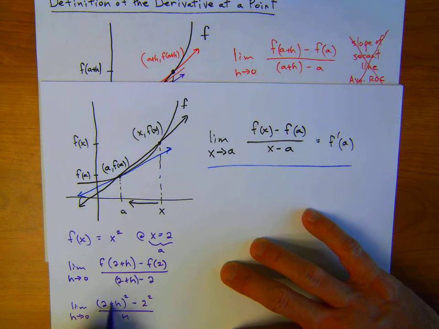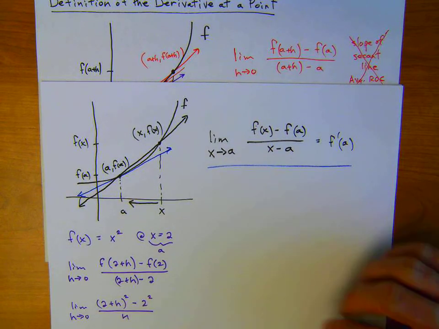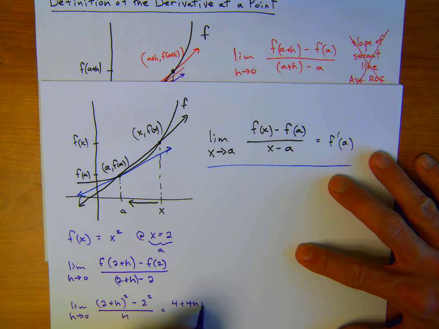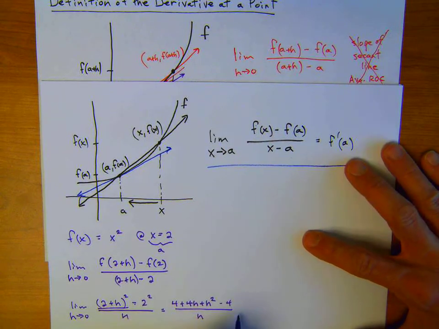So now let's go ahead and expand this out and see if we can simplify a little bit. So this is 4 plus 4h plus h squared, that's just expanding that, minus 2 squared, which is 4, over h. So continuing, 4 minus 4, that gives me 0.